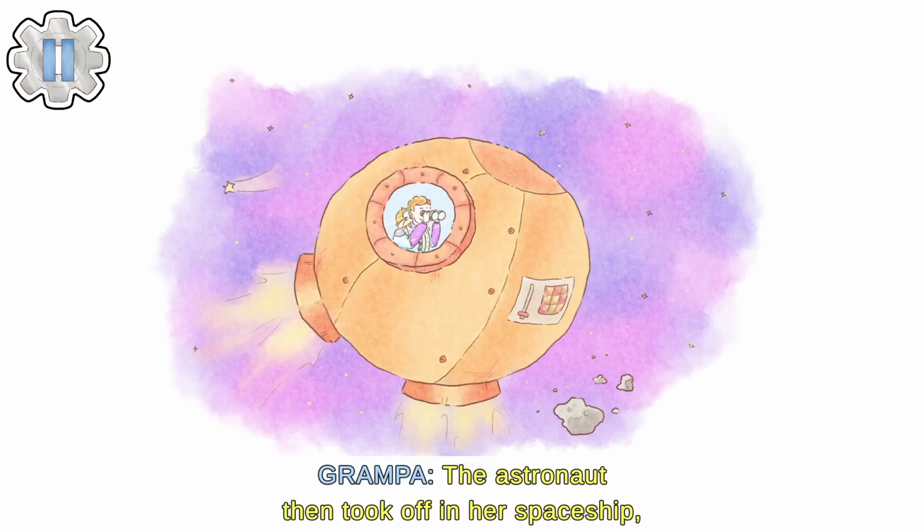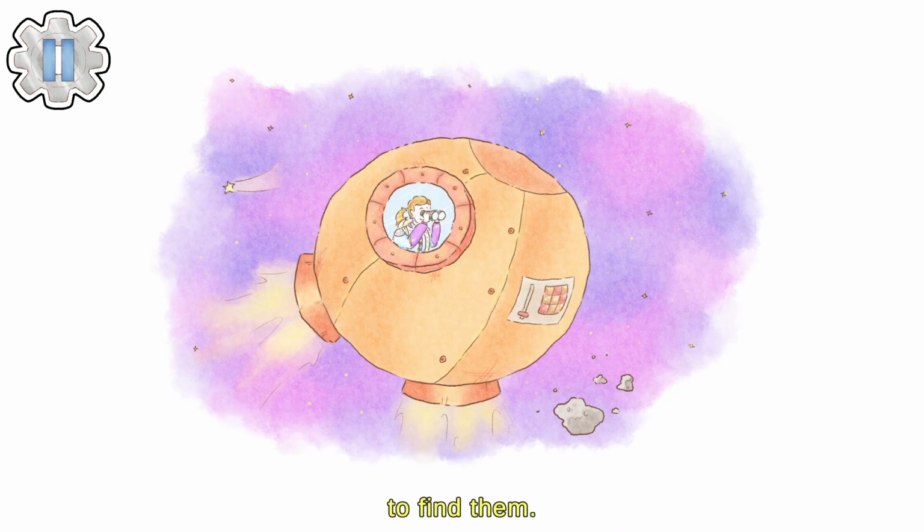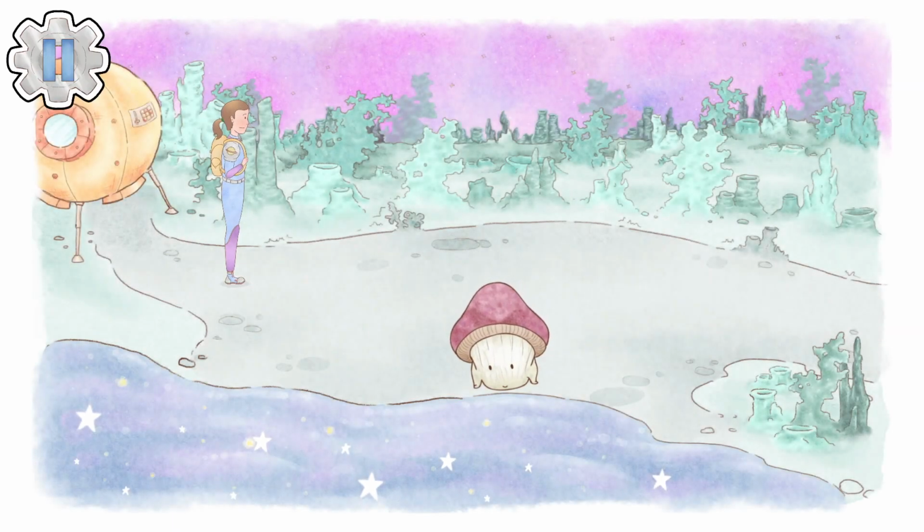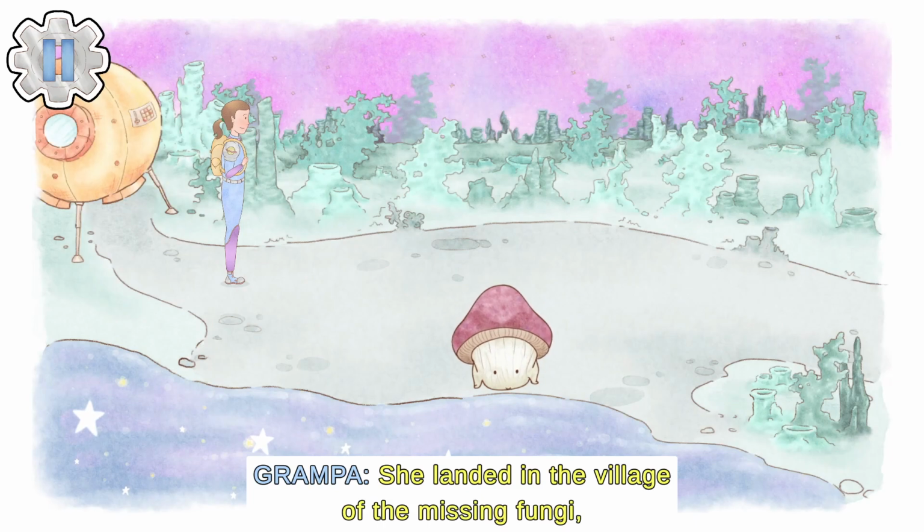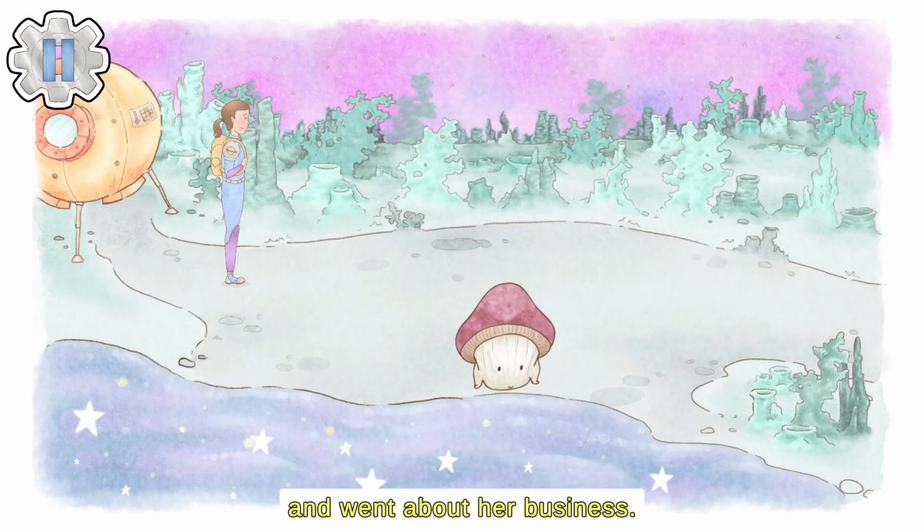Then took off in her spaceship to find them. Lily looks out only with a pair of binoculars as her spaceship takes flight. She landed in the village of the missing fungi and went about her business.